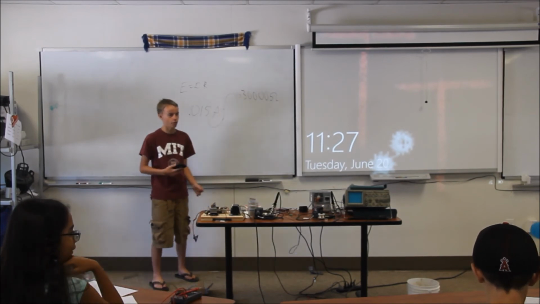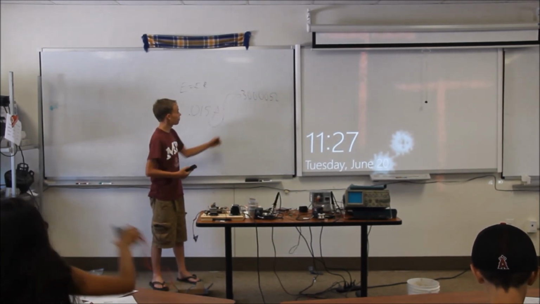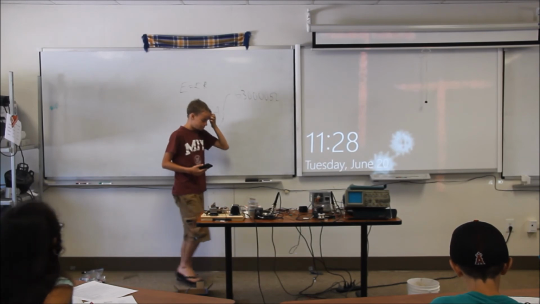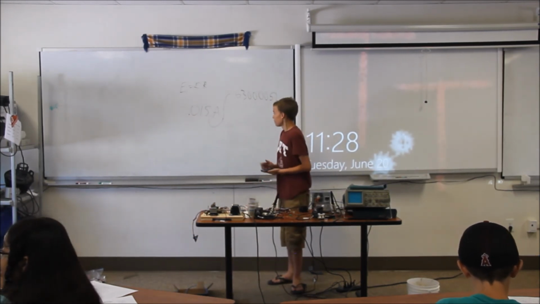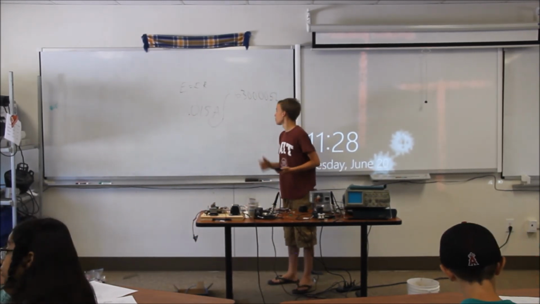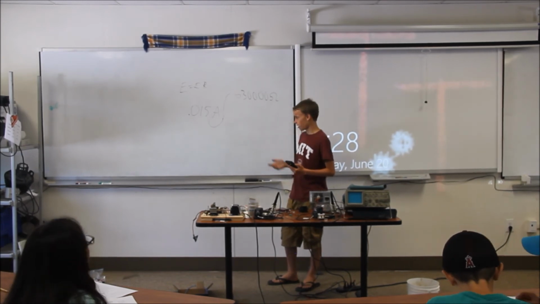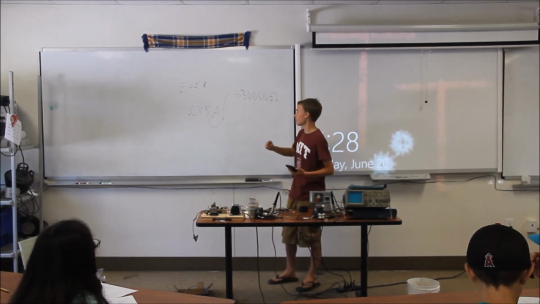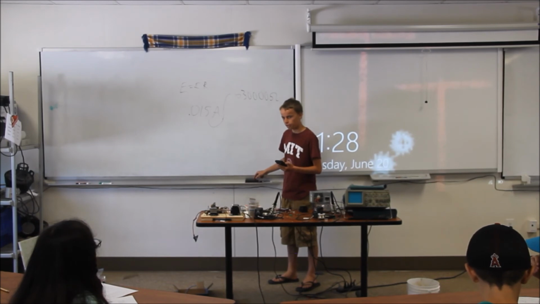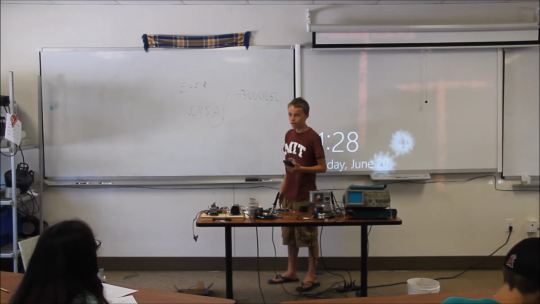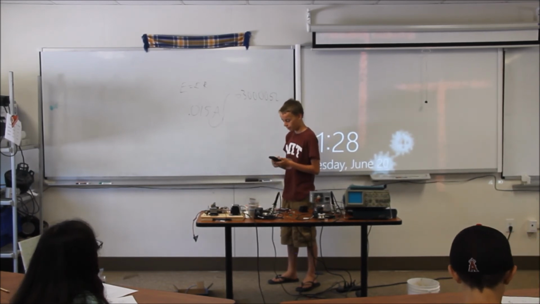That means the voltage that would kill me if I had my fingers dry like that would be 9,000 volts to get that current flowing through my body. But if it was wet, it would be far less than that.